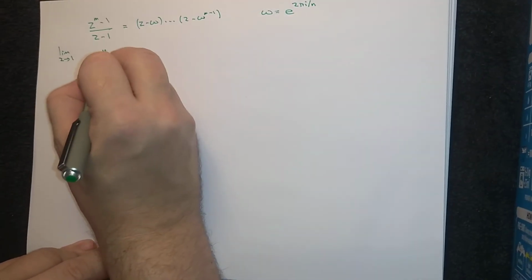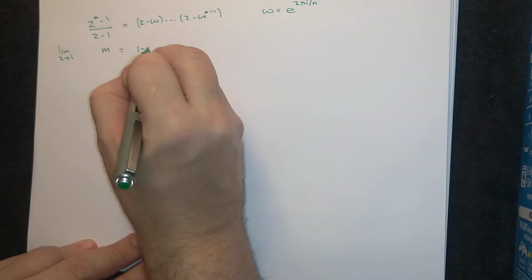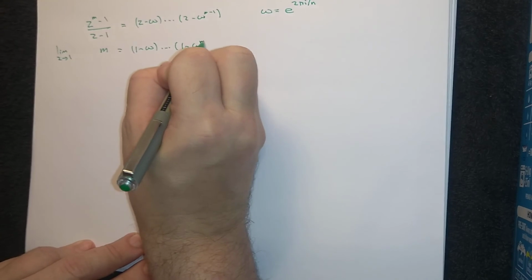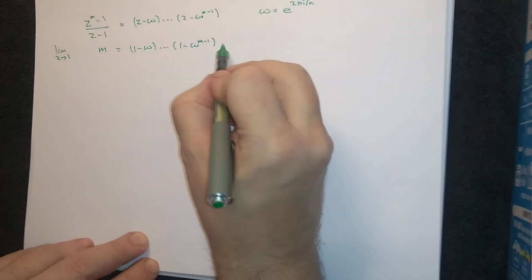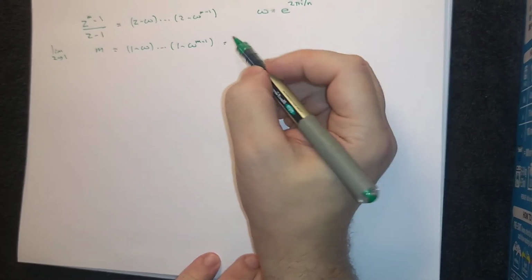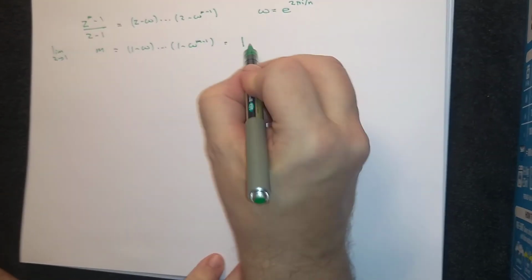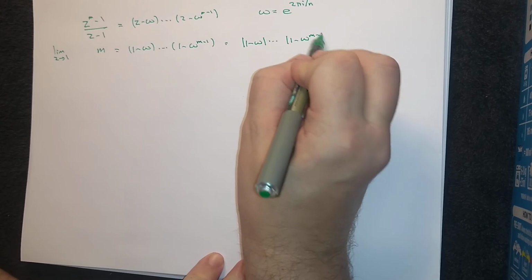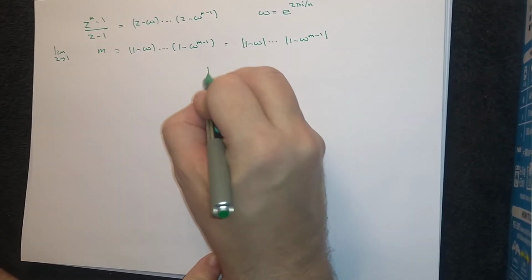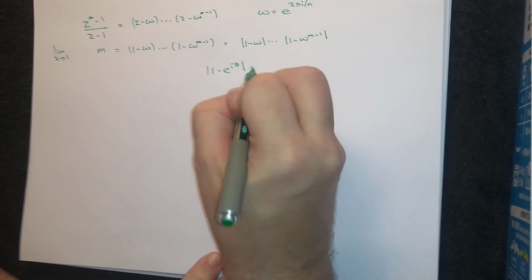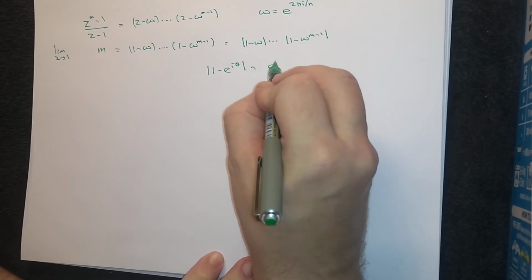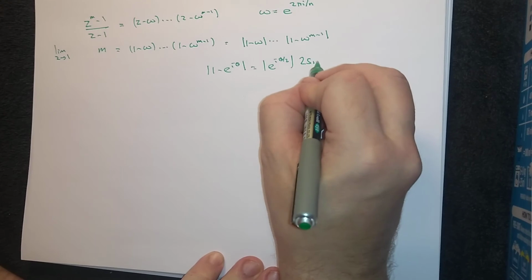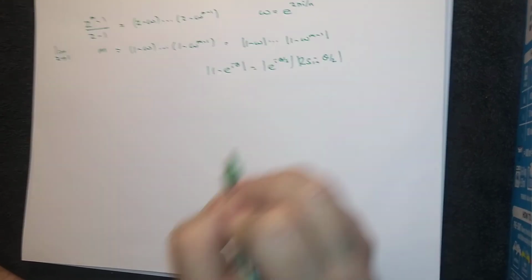By L'Hopital's rule, this is just n, 1 minus omega to the n minus 1, and that's equal to the modulus of 1 minus omega to the n minus 1, and we know that the modulus of 1 minus e to the i theta is e to the i theta over 2 modulus times 2 sine theta over 2.